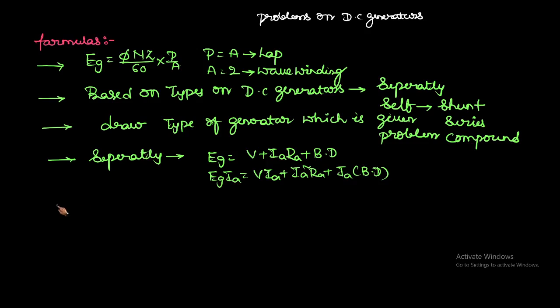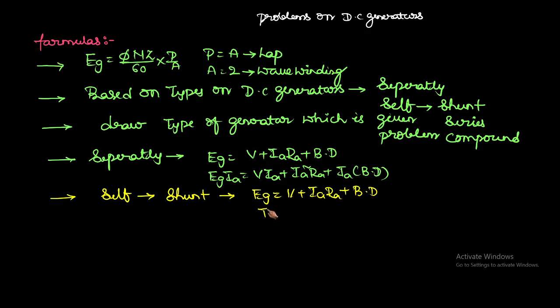Next, the self excited generators. First we take the shunt generator. The formulas to remember are Eg is equal to V plus Ia Ra plus brush drop.